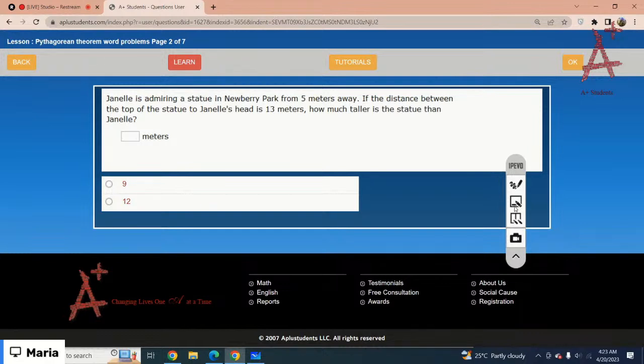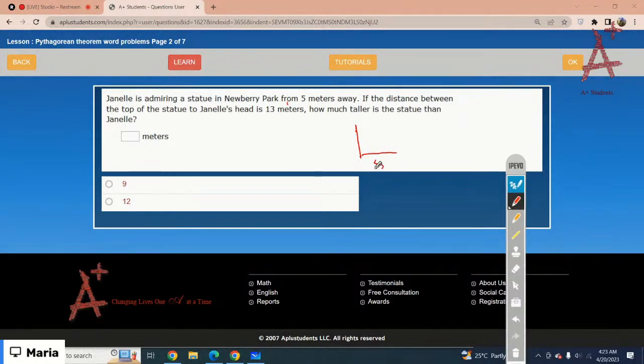Okay, so 5 meters away, so that is the distance between Janelle and the statue. If the distance between the top of the statue and Janelle is 13 meters, here is the top of the statue and here is Janelle, so it would be 13 meters. You have to calculate this one. Got it?